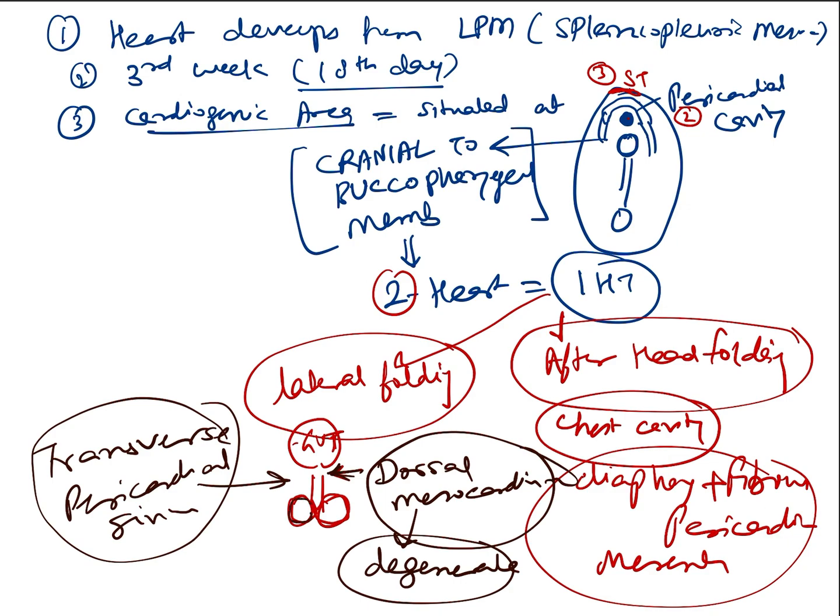When the heart tube fuses, it goes through serial dilatations and constrictions and forms 5 parts.